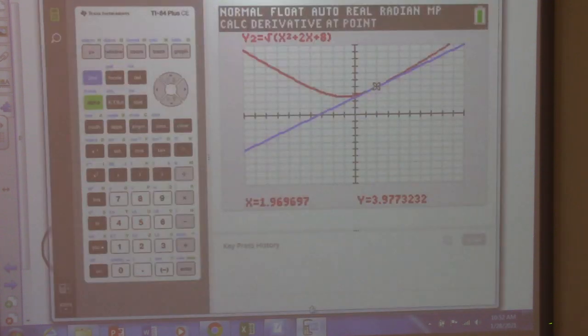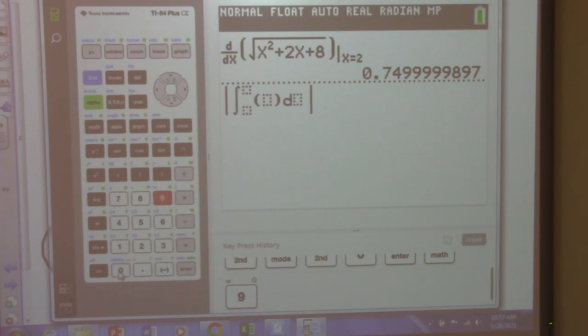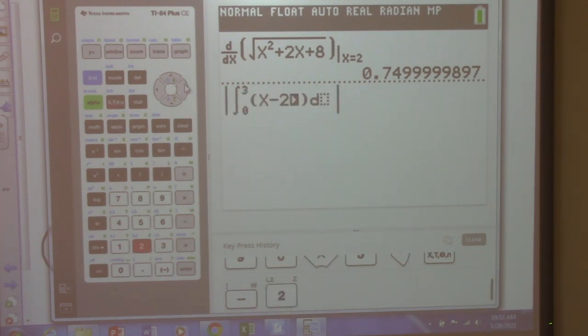So you take this one, I'll show you that. That's not bad. So I like to go to second catalog, enter, and then you can go to math 9, and then you go to 0 to 3, and over here you put x minus 2, and then dx, and I think this will get it right here.